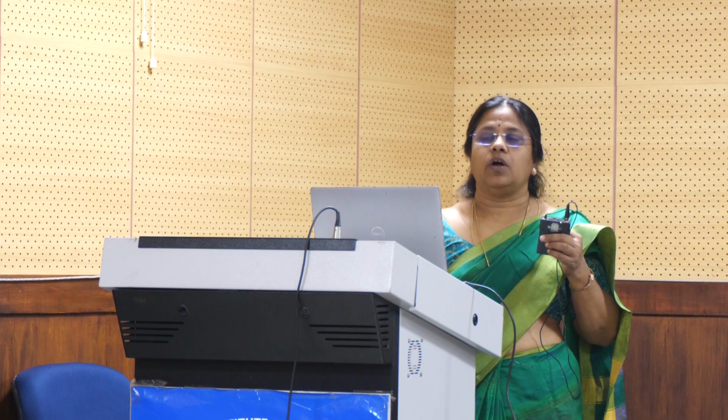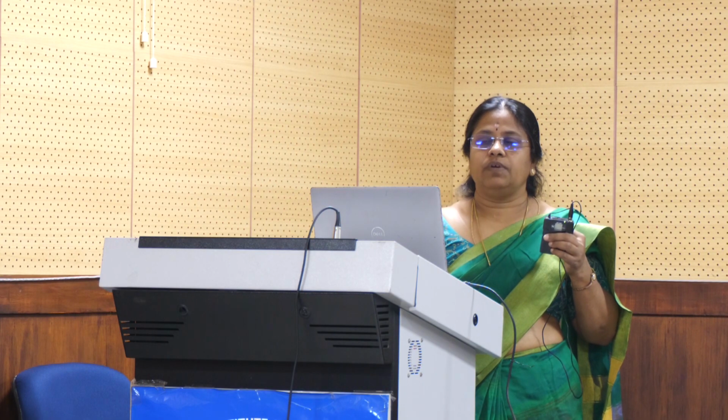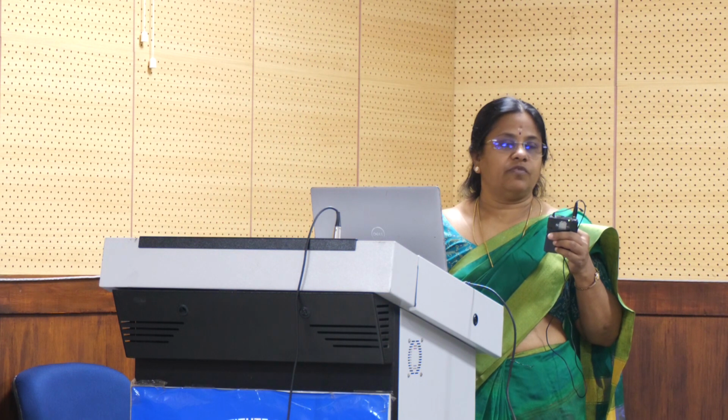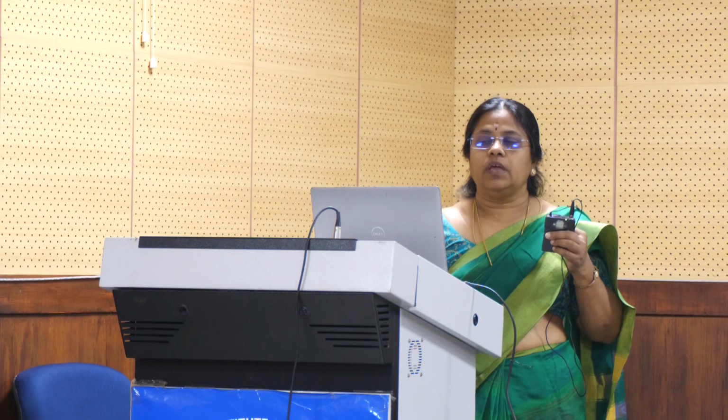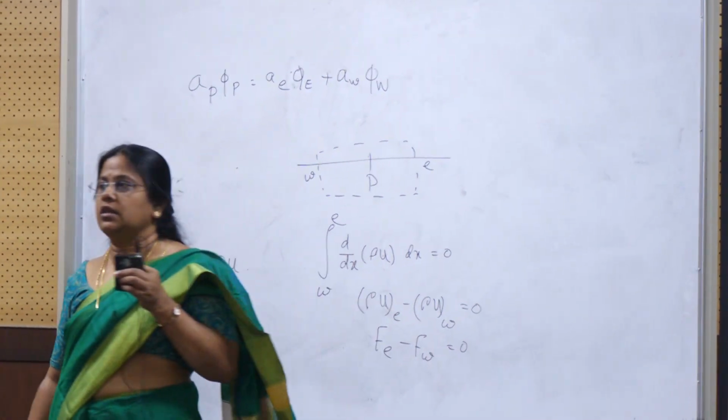So that is what is given. The value of phi e at an interface is equal to the value of phi at the grid point on the upwind side of the face. So here you can see very well what value we want. We want to know the value of phi e. So what is given? If Fe is greater than 0, what is Fe here? Fe is rho u e. If this value is greater than 0, then in the code you have to write phi e equals phi p.